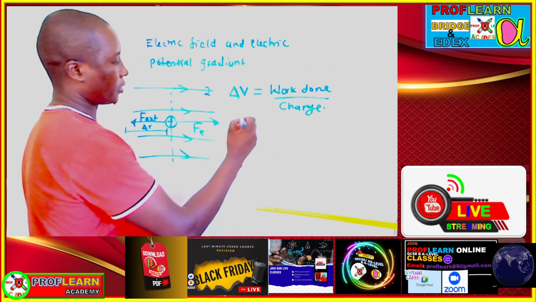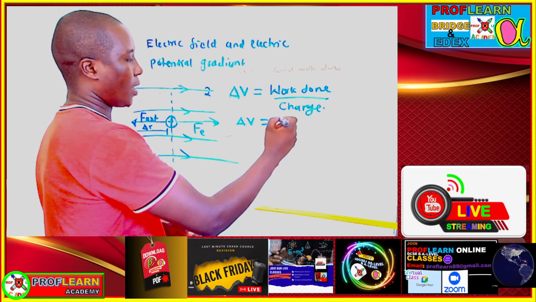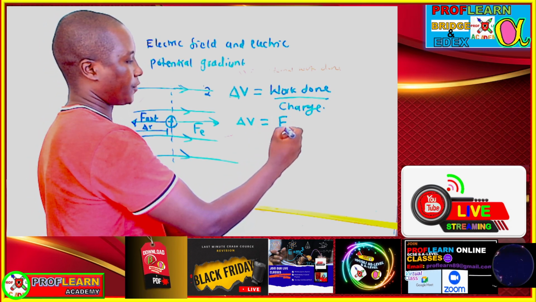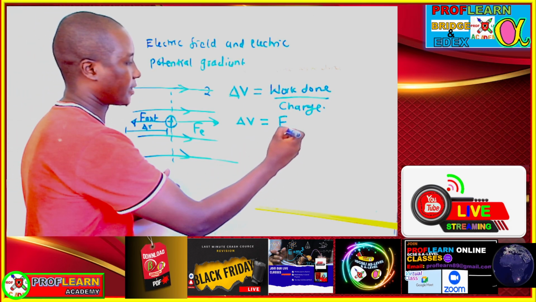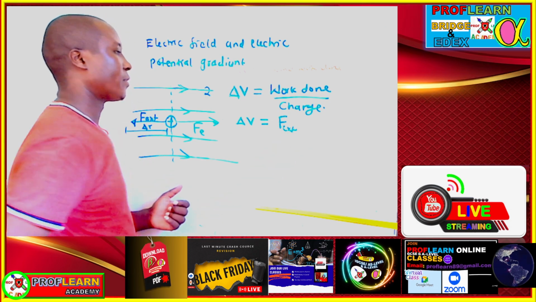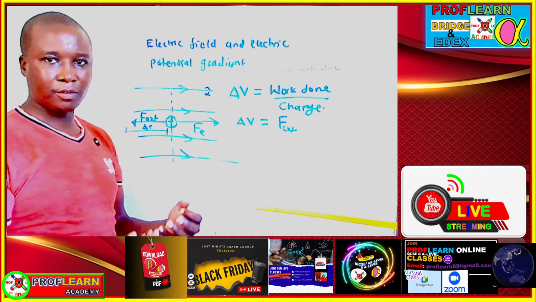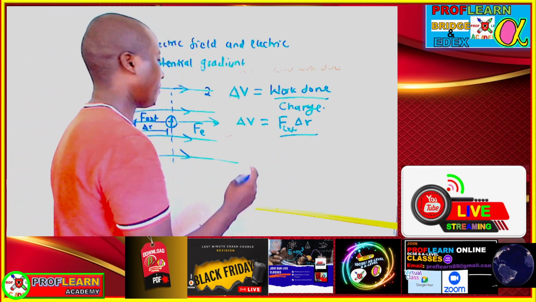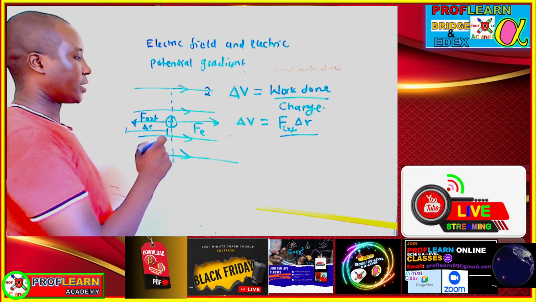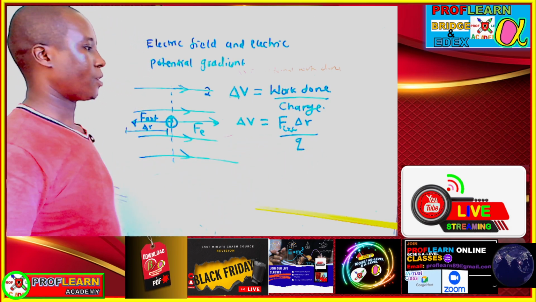So the potential difference is going to be the work done. Remember, the work done is force, and the force we're talking about is the external force, times the distance this charge has been moved, delta r, divided by the amount of charge carried by this positive charge.